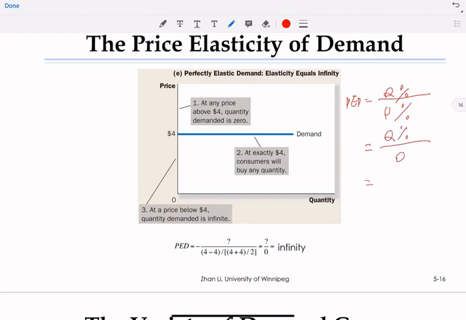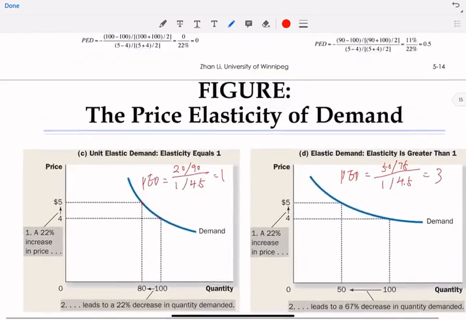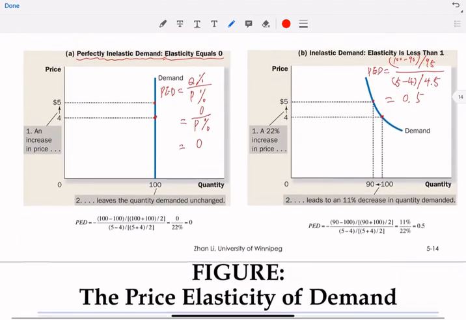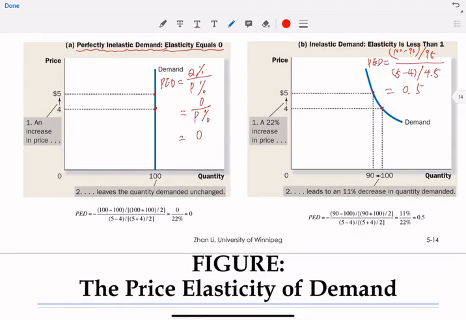So if you use a number, if the number is divided by 0, you will get infinity. Okay, so we have finished calculating 5 different elasticities for different pictures. Now let's see what kind of lessons we can get here.